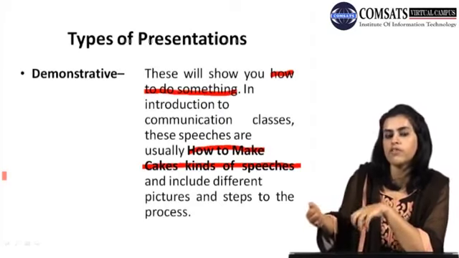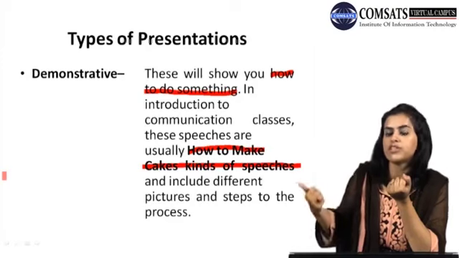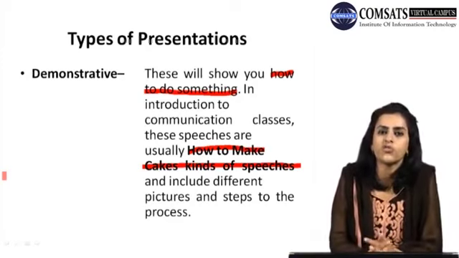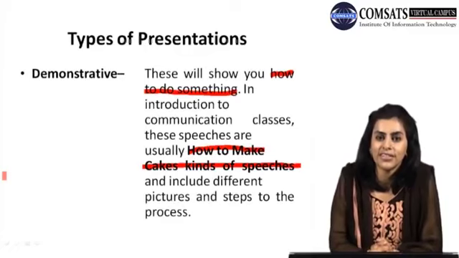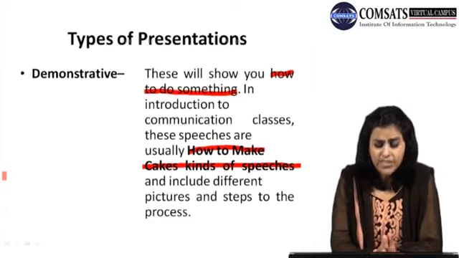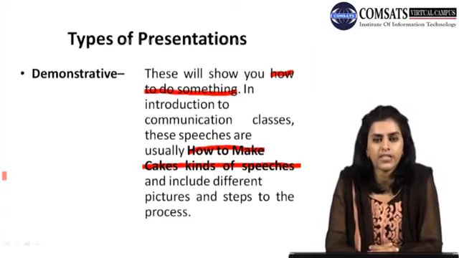But if the machinery is not available, you can use pictures to display what elements you want your audience to focus on while you demonstrate how to use the machinery. So this is how the demonstration type is different from the informative type.